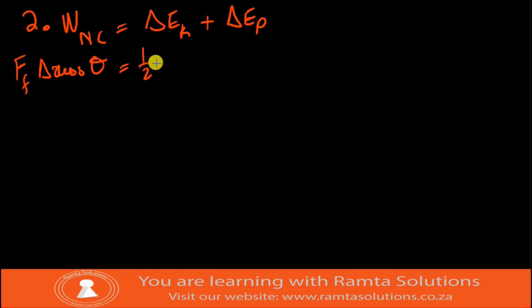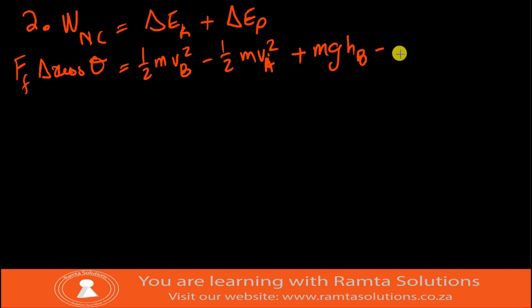Equals half m v_B squared minus half m v_A squared, where this is final velocity and this is initial velocity, plus mgh at point B minus mgh at point A.